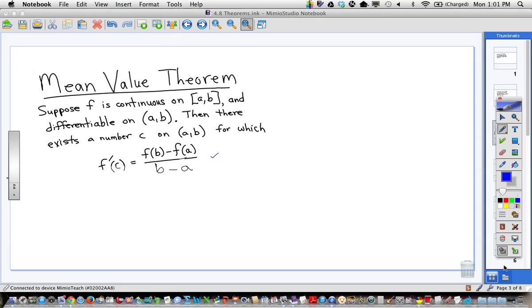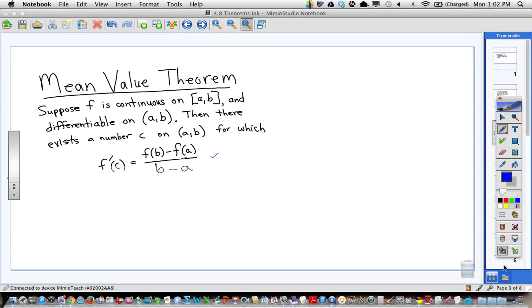We don't even care if it's differentiable at that endpoint, the point of the v. It's differentiable in between, and that's good enough for this. But it has to be continuous all the way to the endpoints, because we have to have points at the endpoints for this to work. So we have to have the endpoints on the continuous piece, but not on the differentiable piece. It's a minor technicality, but it's important.